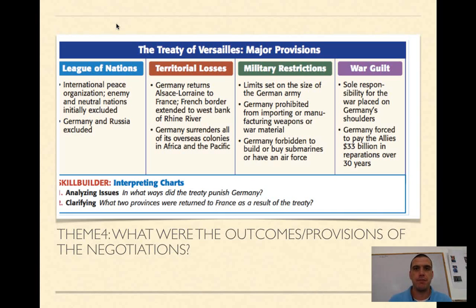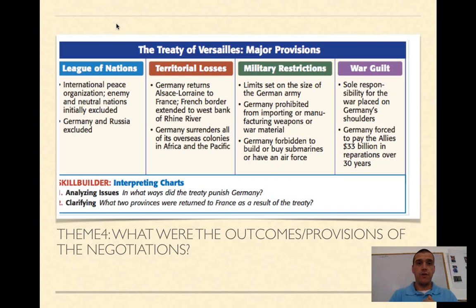So because you are blamed for the war, Germany, you will pay us $33 billion over 30 years. You can imagine how economically devastating that could be to Germany, an already war-torn country that's already shattered economically.